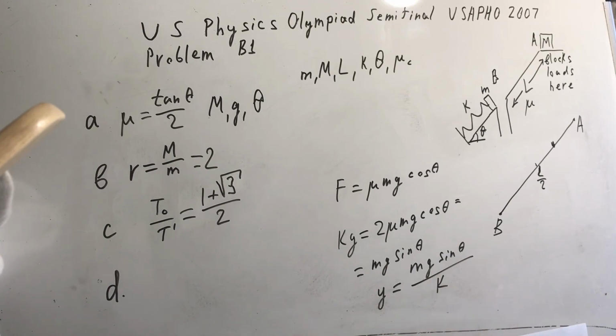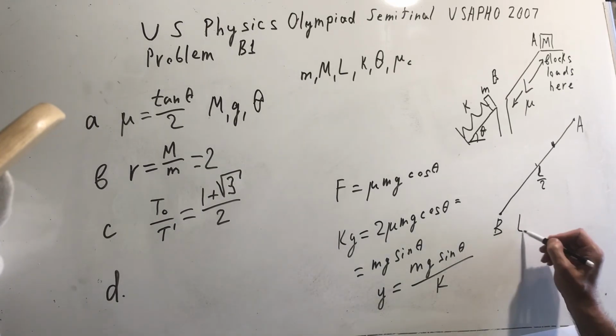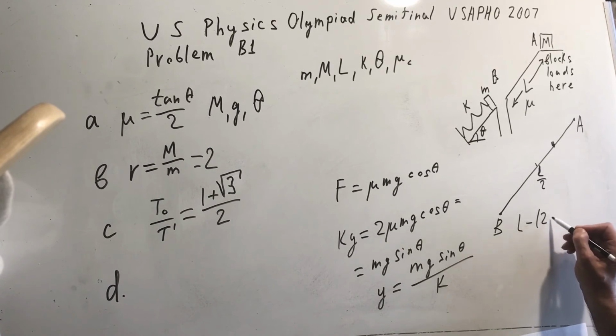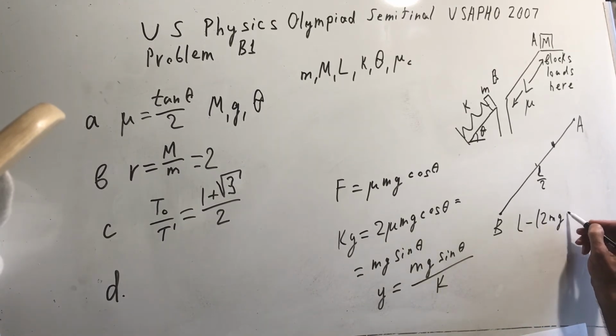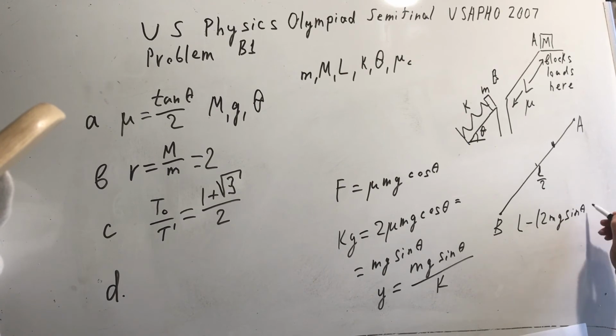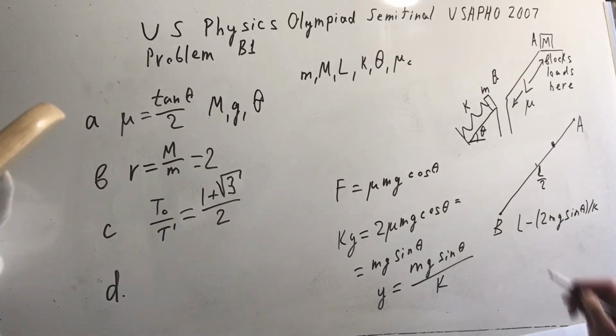Let's write it down. When we first go down, we will stop at a distance L minus 2 mg sine theta over k from point B, somewhere in here.